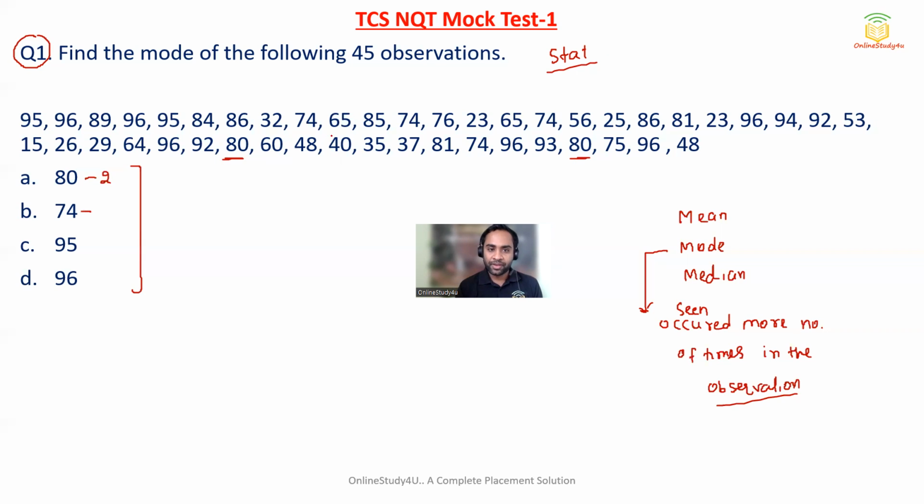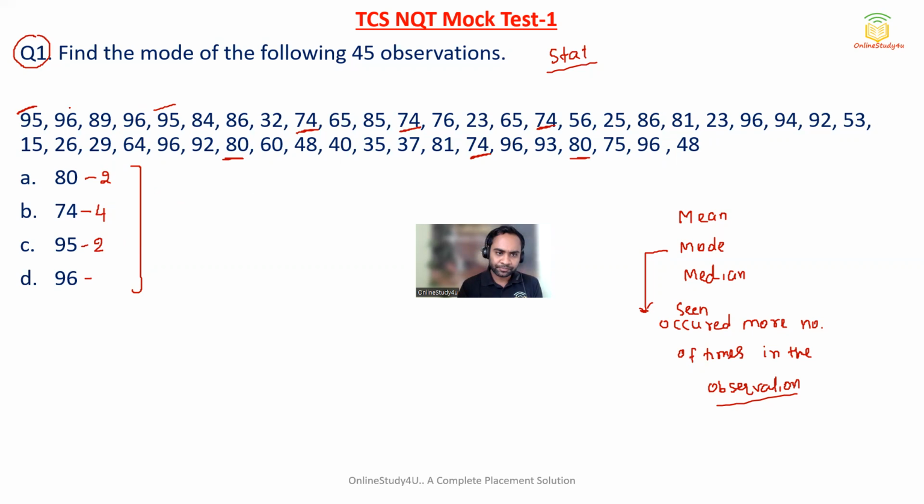Then 74: one time here, two times, then three times, and then four times. Friends, if I miss somewhere, you need to add it. And then 95: one time here, one time here, and I am not able to see it again. So 95 has occurred only two times in the given observation.